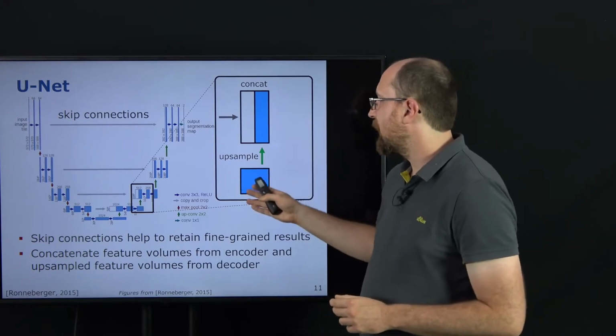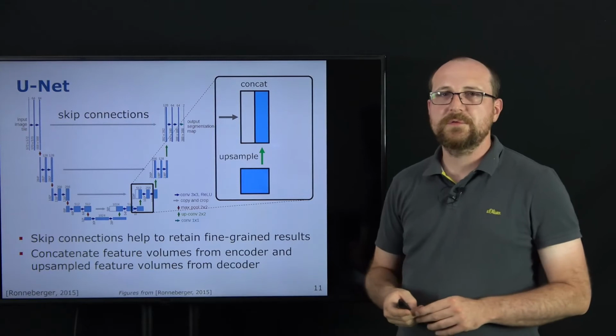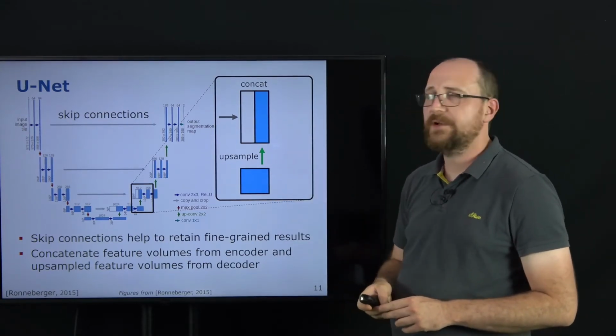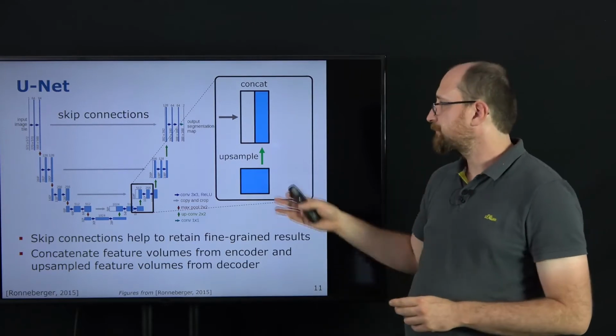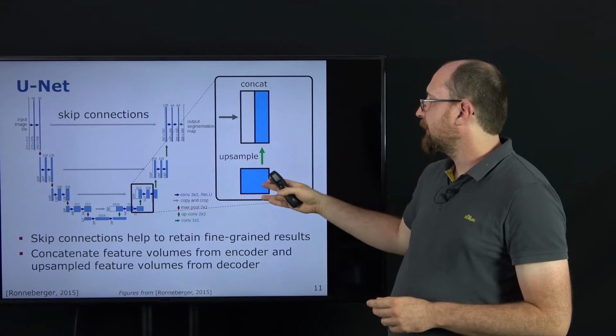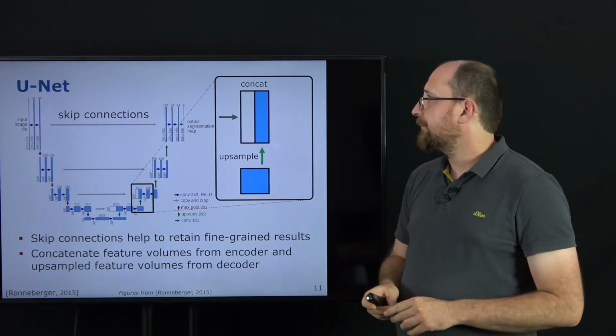So we have our upsampling operation, which is a transpose convolution or bilinear interpolation. We talked about this in the object detection lecture. By upsampling, the size of the feature maps is increased.